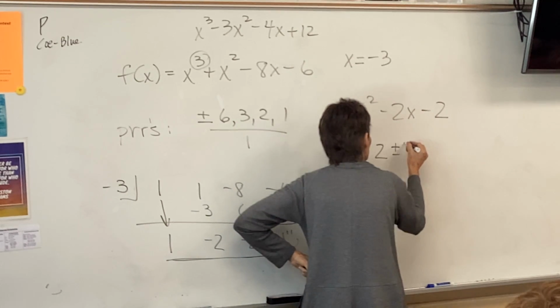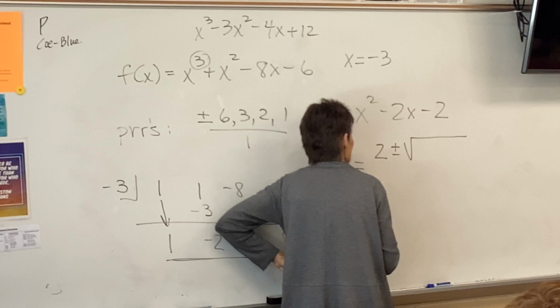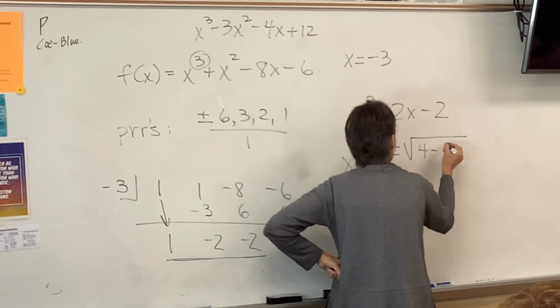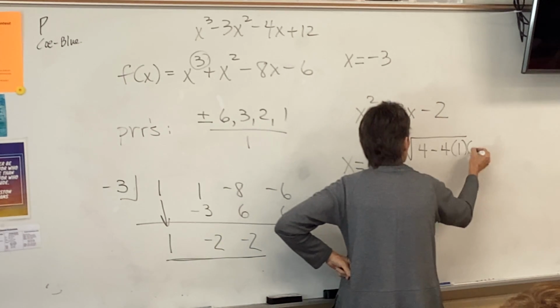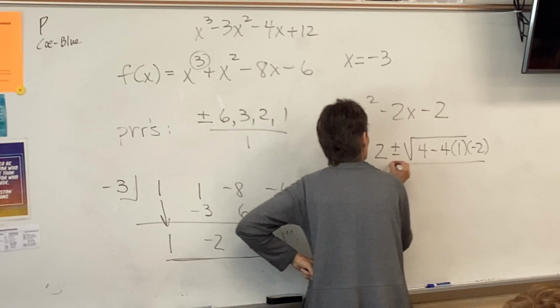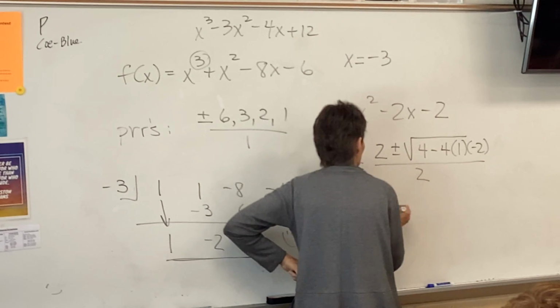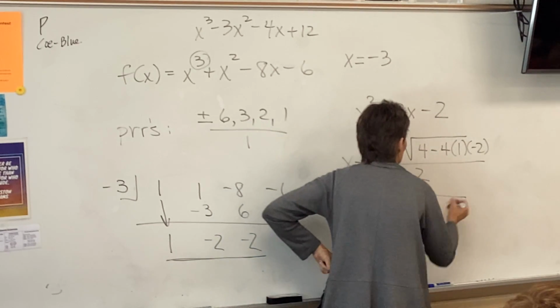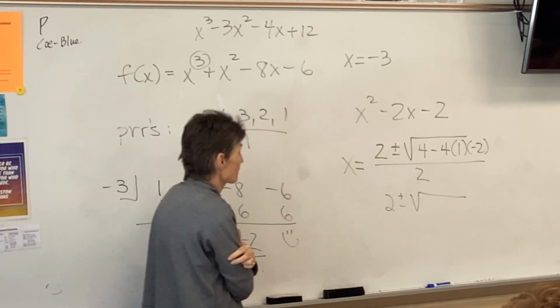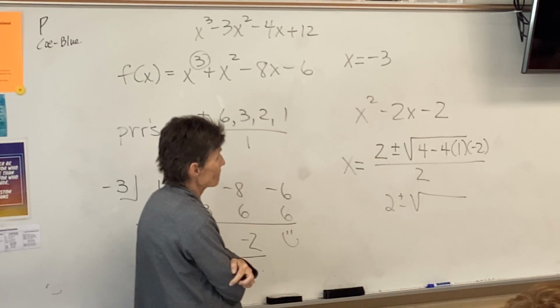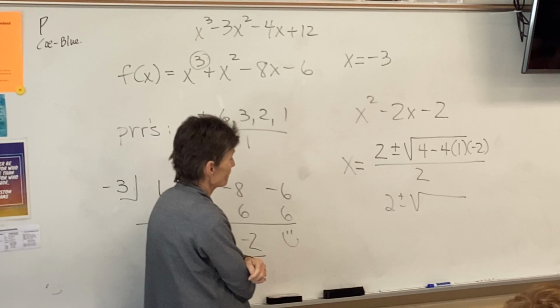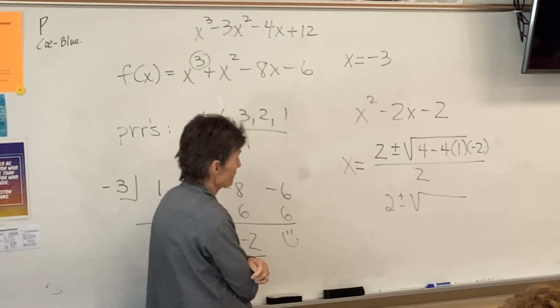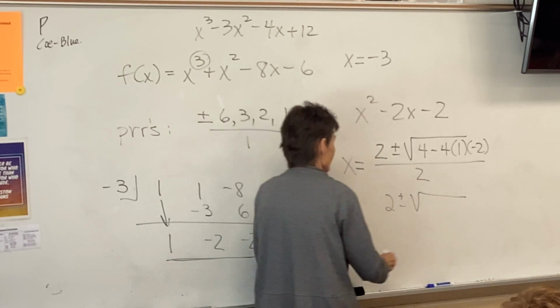So x equals -b plus or minus the square root of b squared minus 4ac all over 2a. Is that 12?